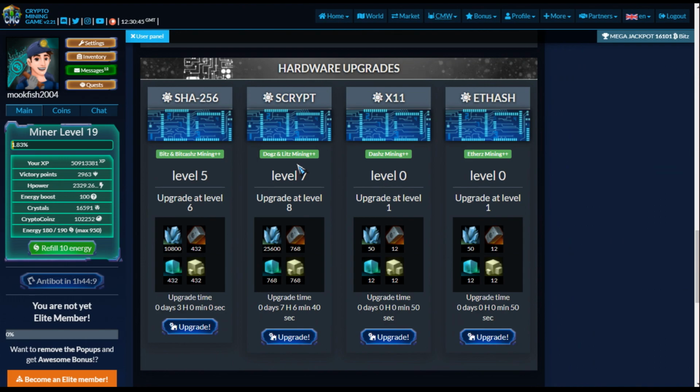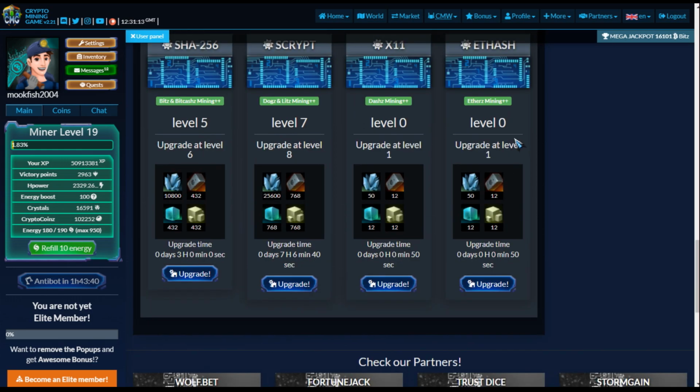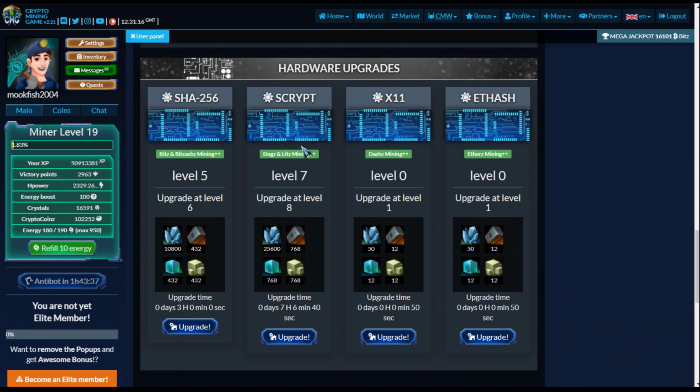So the reason why I picked this was because I thought by upgrading my scrypt algorithm, I could actually be pushing up 2 coins as opposed to just one, because obviously SHA-256 does Bitcoin, X11 does Dash, Ethash does Ethereum, and SHA-256 also does Bitcoin Cash as well. So I thought I was being clever there, because I only had to boost up one scrypt as opposed to multiple.